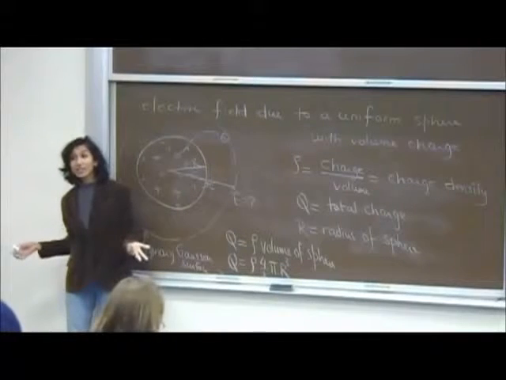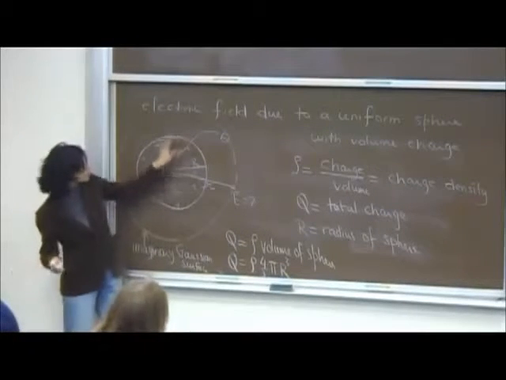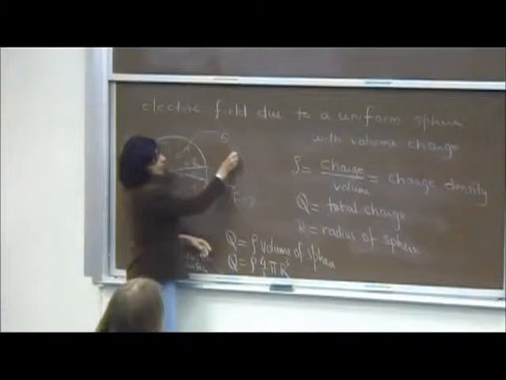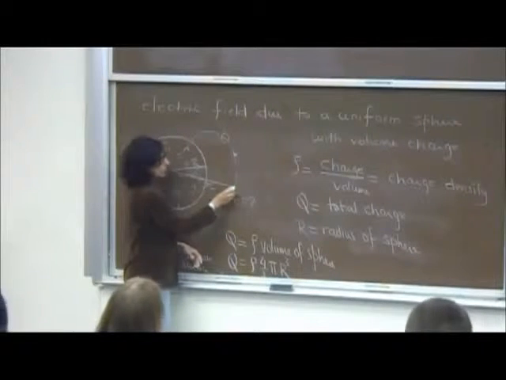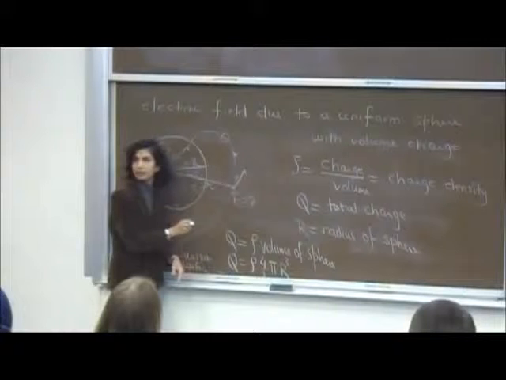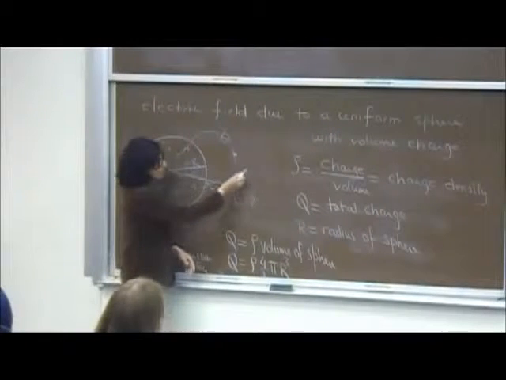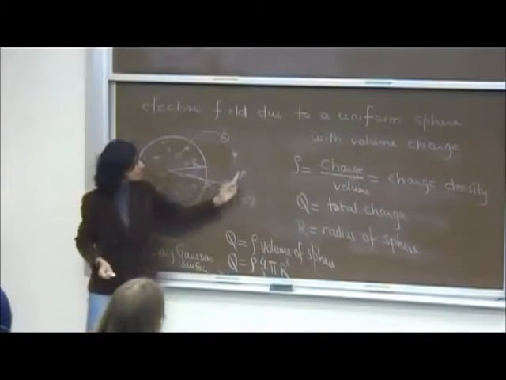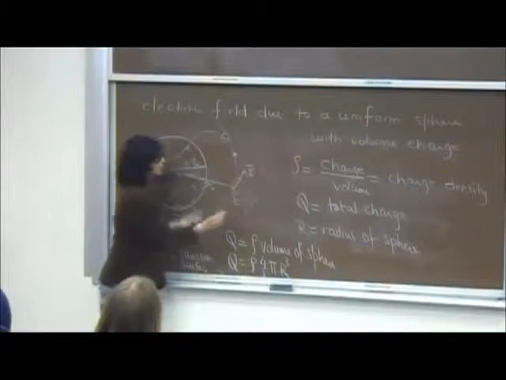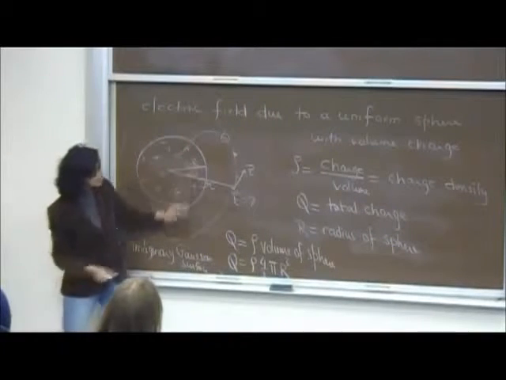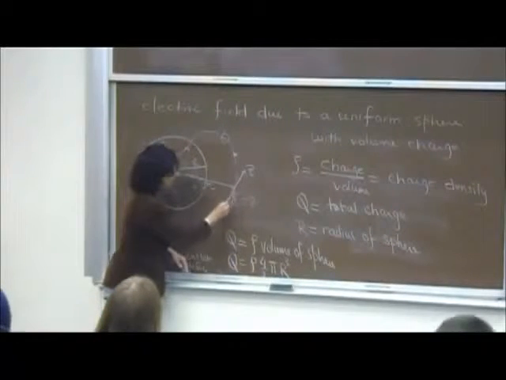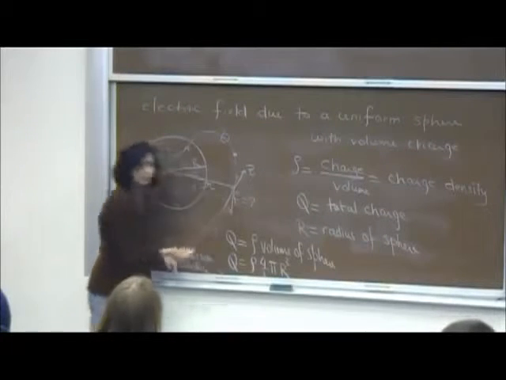Not only that, what about the direction of electric field due to all these charges? Can I convince you that the electric field at this point will be at 30 degrees here? No, because then you will say to me, if the electric field is in this direction due to all of these charges on the sphere, why couldn't it be at 30 degrees, say this way? Right?